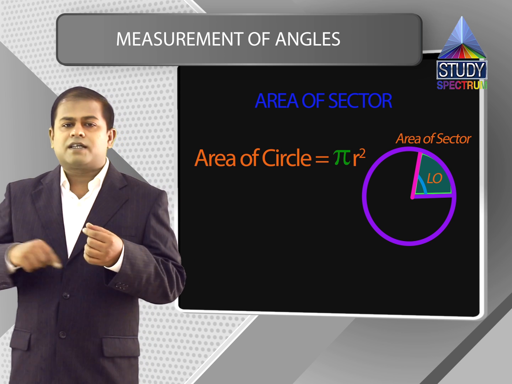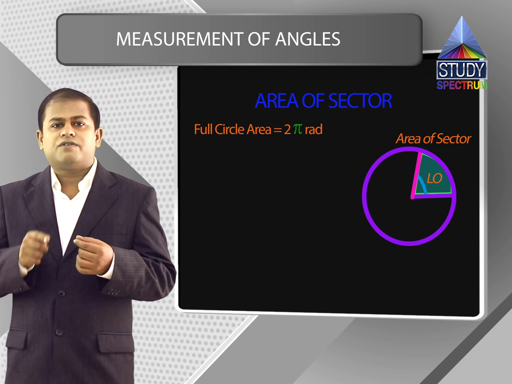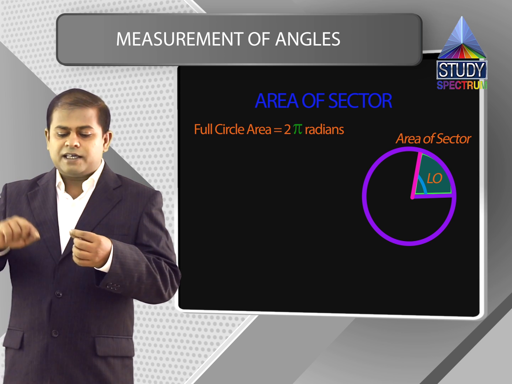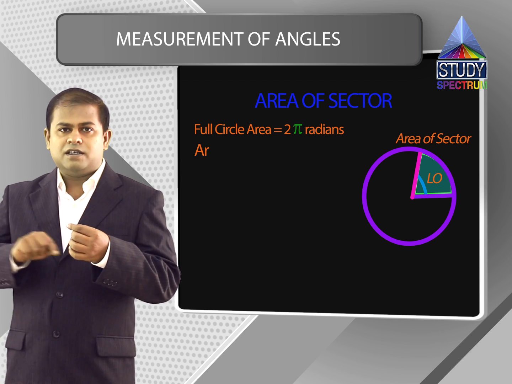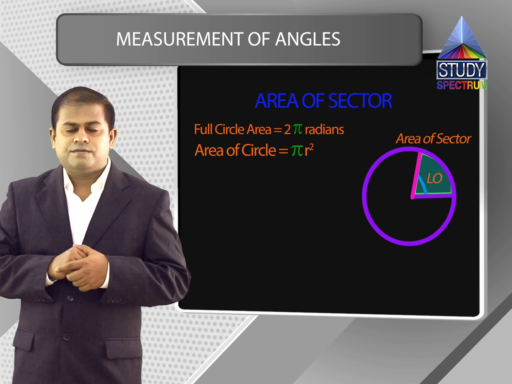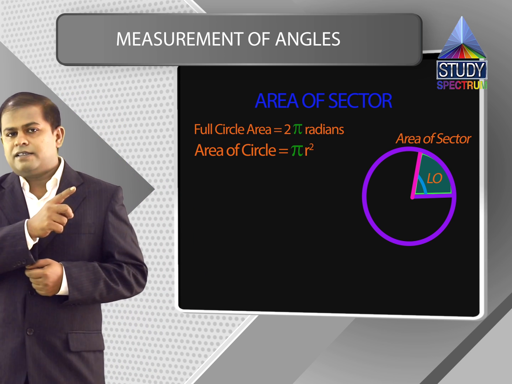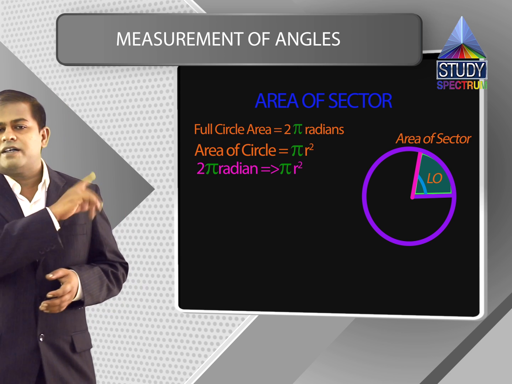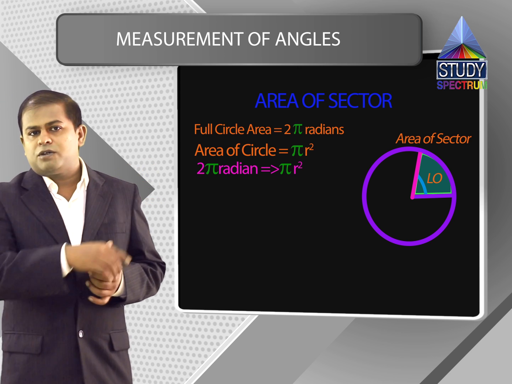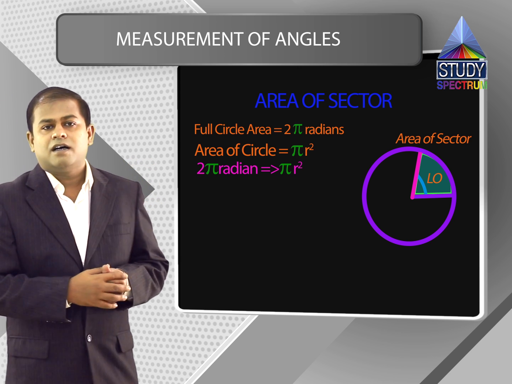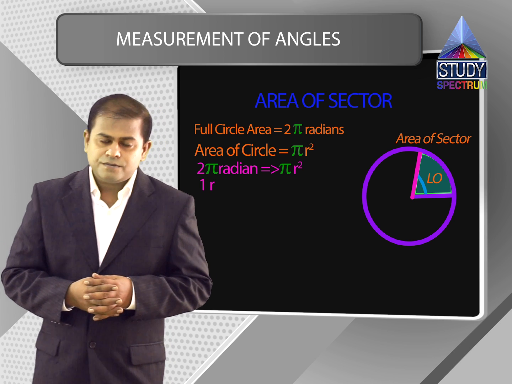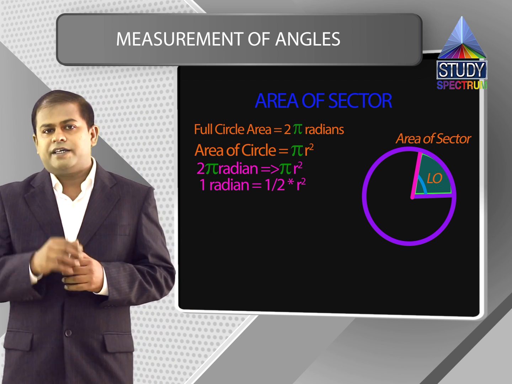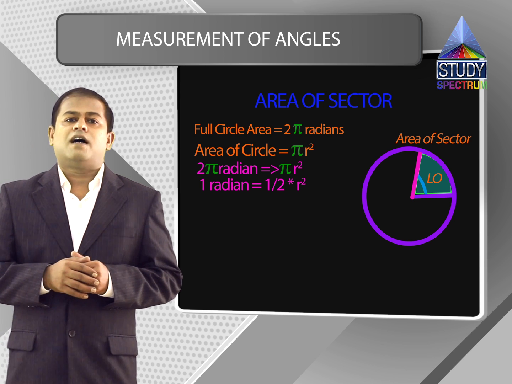If you consider the full circle angle, its measure is 2 pi radians, and in that case the area swept by the radius is pi r square. So 2 pi radians corresponds to pi r square. So 1 radian corresponds to pi r square by 2 pi. Pi gets cancelled, half r square. So the area of a sector of measure 1 radian is half r square.